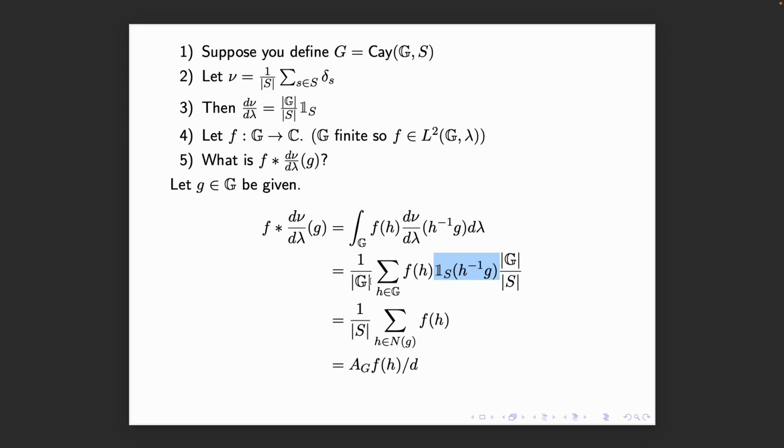The size of G cancels out here, so we get 1 over the size of S times the sum over the neighbors of g of f of h. This is just the adjacency matrix times f evaluated at h divided by the degree of the graph. So this measure theoretic framework of the adjacency matrix for a Cayley graph is equivalent to the standard linear algebra definition.